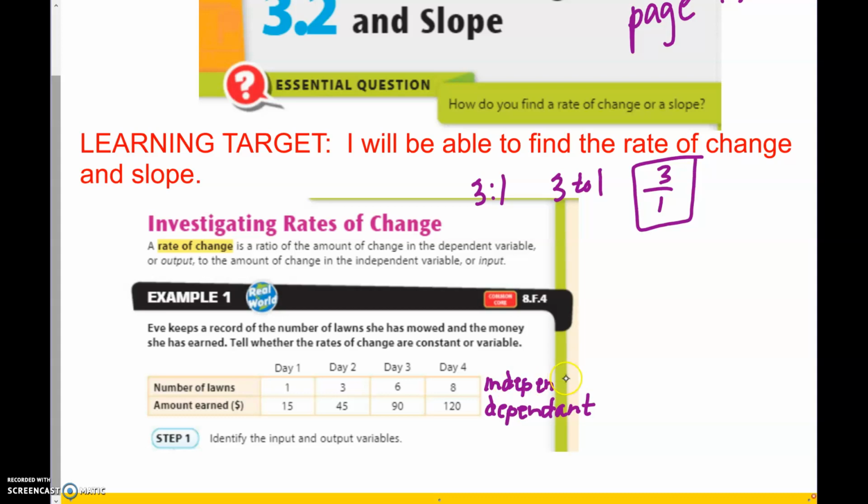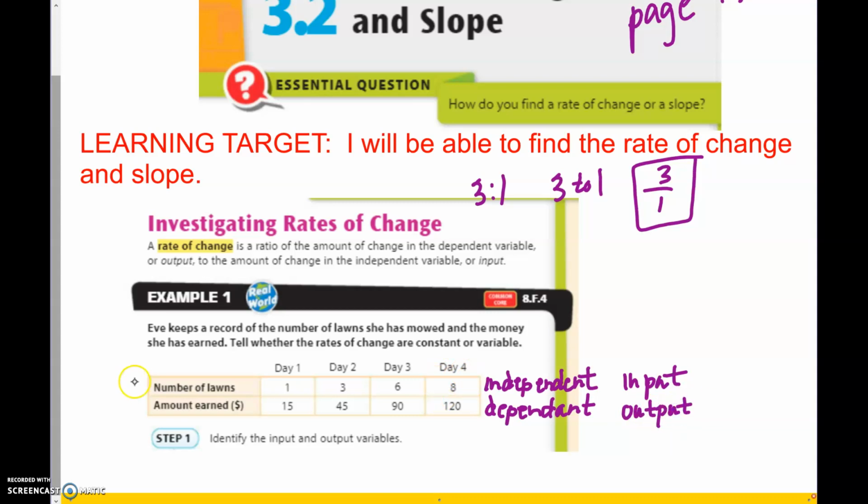Independent. I'm having trouble spelling today. All right, independent part. We also call those input and output. So we input the fact that she is choosing to mow 8 lawns, and then her output is the money that she actually gets.